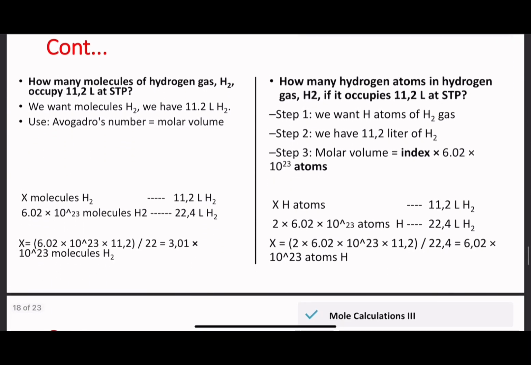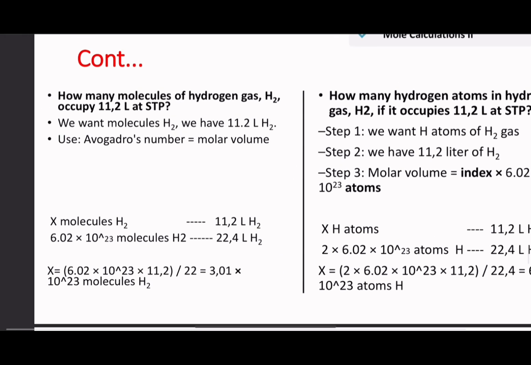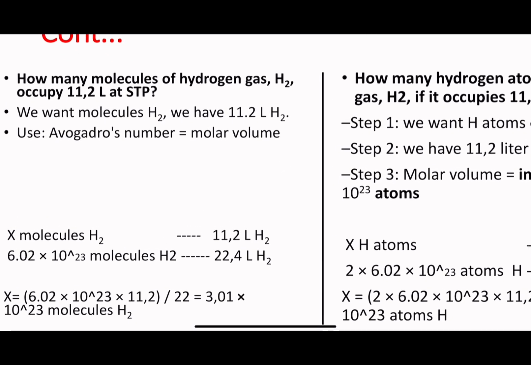We will do one more question on this. It is asking us how many molecules of hydrogen gas occupy 11.2 liter at STP. So again, the formula n equals V over V STP, 11.2 divided by 22.4 liter, it will be 0.5 mole.